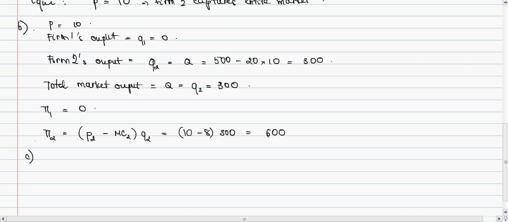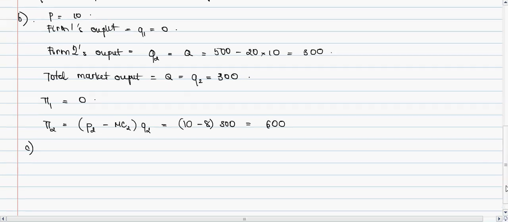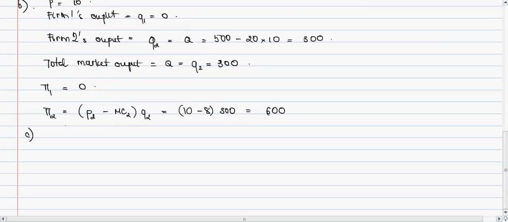Alright, part C, is the total welfare maximized in the Nash equilibrium? If not, try to find an outcome that will maximize the total welfare and compute the deadweight loss. Alright, so we know that the Nash equilibrium is where firm 2 is supplying to the market.